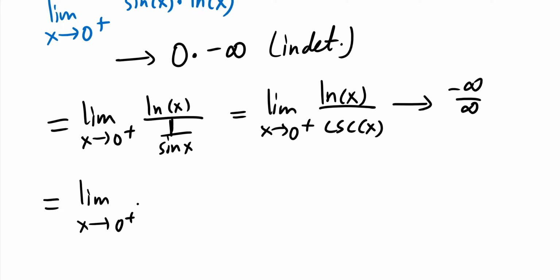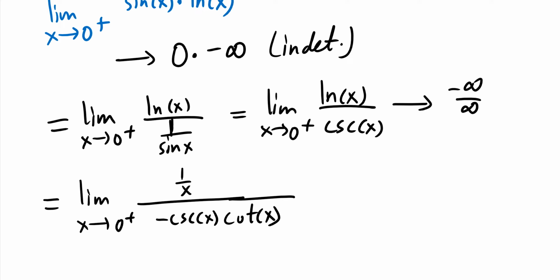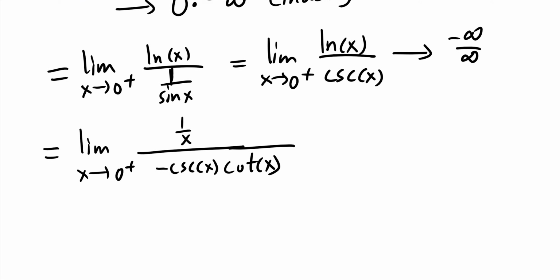The derivative of the top is 1 over x. And the derivative of the denominator is negative cotangent times cosecant. And let's see what we get in this case. That's still going to give us some issues here.